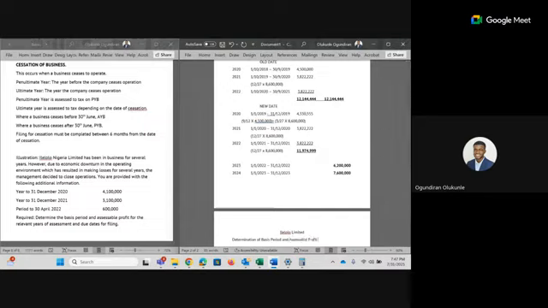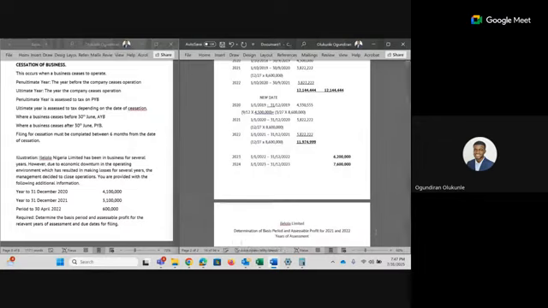So all you need to do here is to determine the basis period and assessable profit for the years of assessment. So you say for 2021, and you notice that 2022 is before June, so you just say 2021 and 2022 years of assessment.